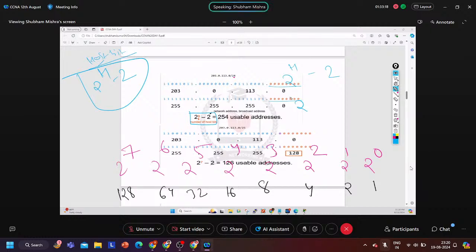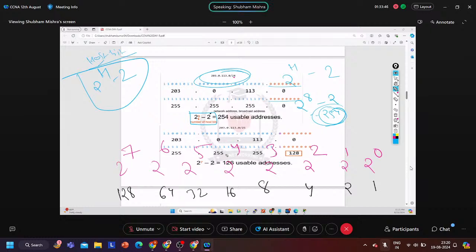All are host bits. So how many bits? 1, 2, 3, 4, 5, 6, 7, 8. Eight. So 2 to the power 8 minus 2. 8 means host. When you calculate, the value will be 254. It means by the help of this, you get 254 usable addresses. You can assign valid IP addresses to 254 users.